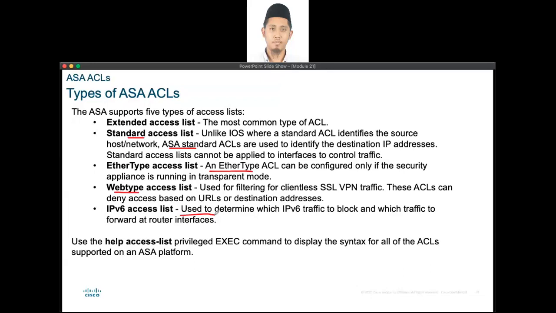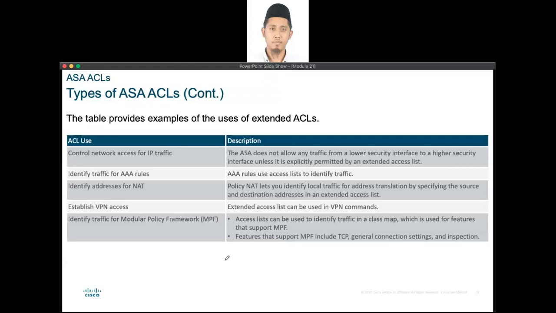And the last one, the IPv6 access list, is used to determine which IPv6 traffic to block and which traffic to forward at router interfaces. Use the help access-list privileged EXEC command to display the syntax for all of the ACLs supported on an ASA platform.